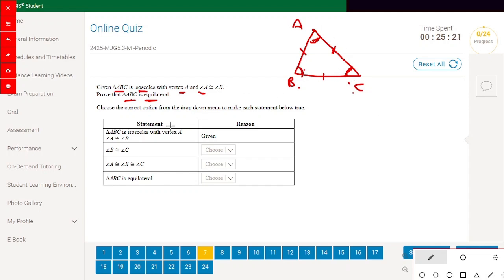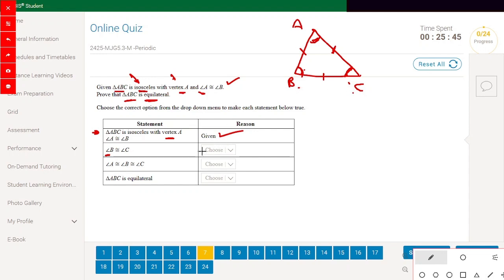Now let's see the statements here. Triangle ABC is isosceles, it's mentioned in the question, with a vertex A, and angle A is congruent to angle B. This is a given. Now angle B is congruent to angle C, yes, by default, because this is isosceles, and B and C are the base.